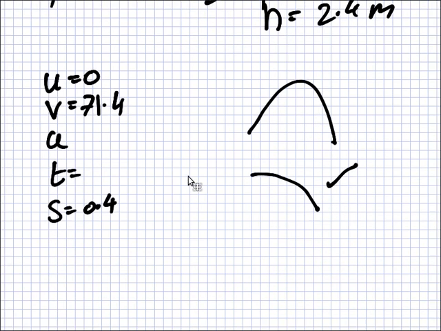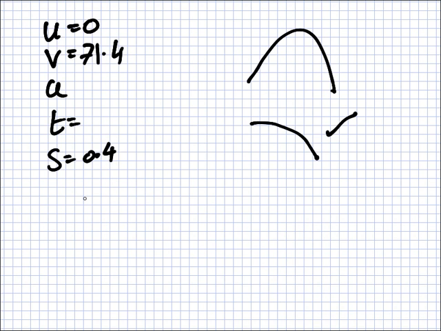Okay. What will give us the A here? V squared equals U squared plus 2AS. The S is 0.4.